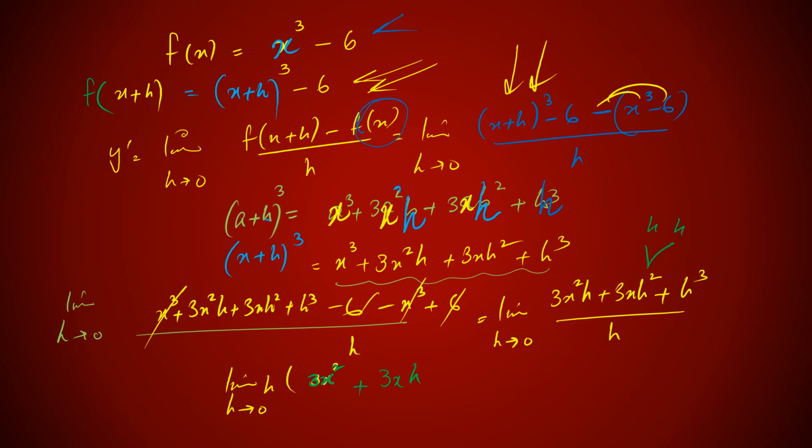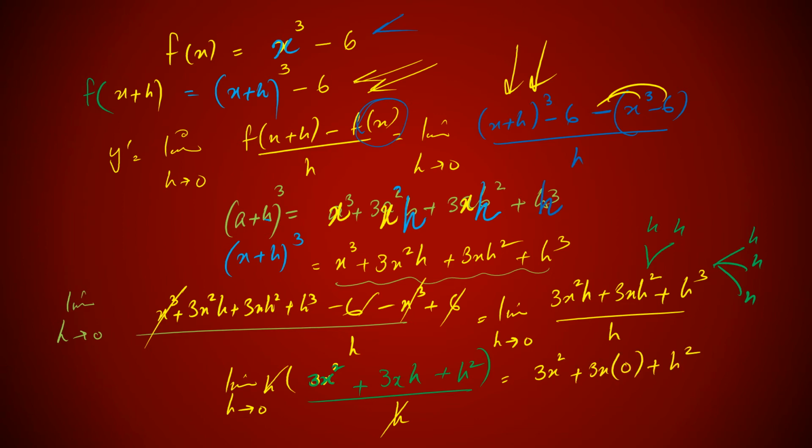H square means you have 2h, one h is outside and one h is inside, plus h square left. The reason is that h cube means 3h, 1h outside, 2h inside. And the denominator h, and then h and h cancel, and the last thing is to apply the limit, which means substitute 0 for h.